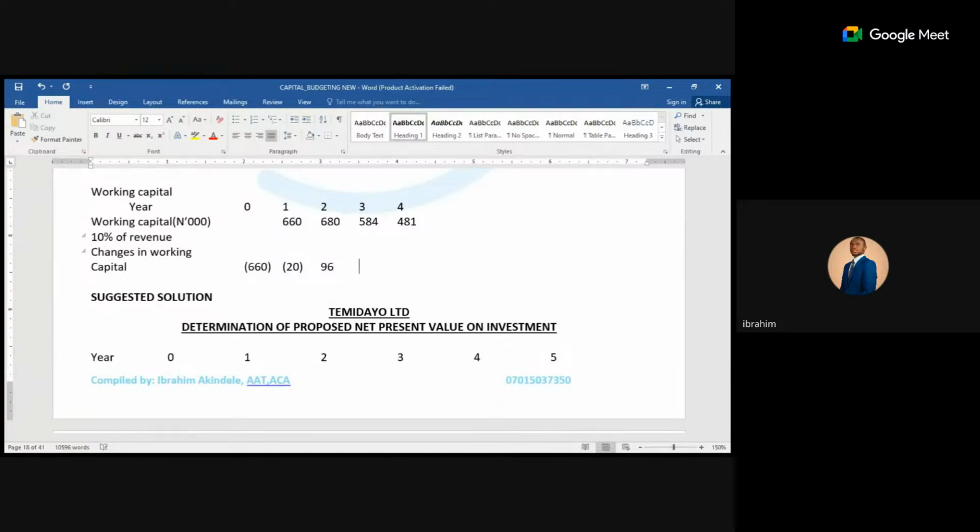The next one, from 584 to 481. You can see that there is still a reduction in the working capital. As a project finance officer, you look at it and see that the working capital is decreasing. What does that mean?